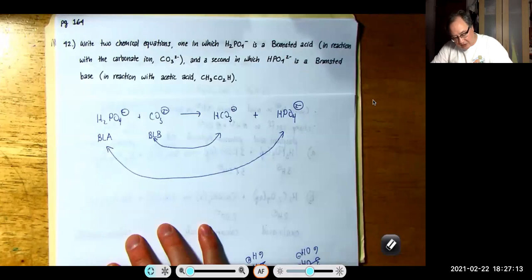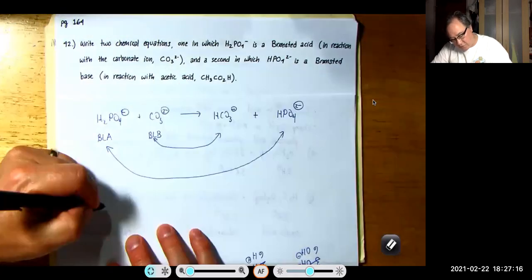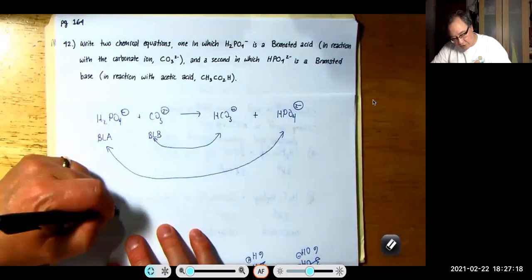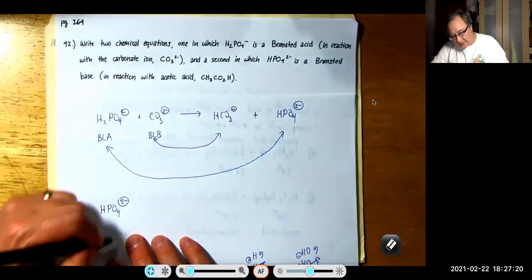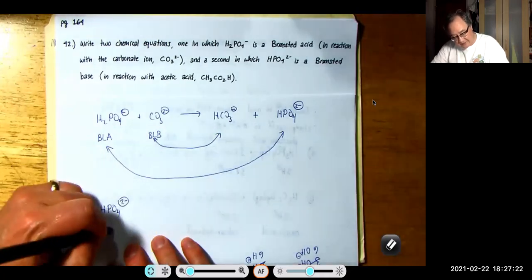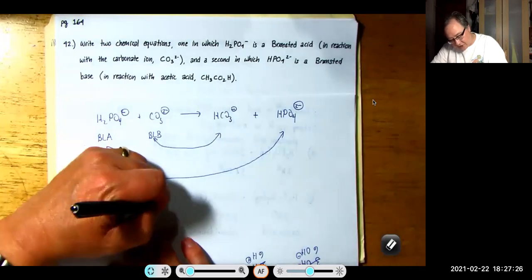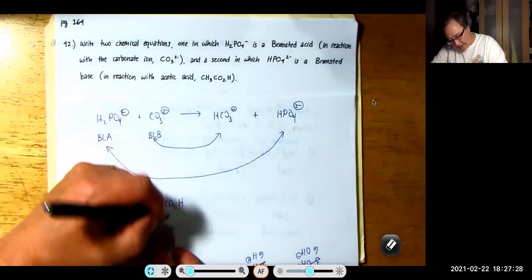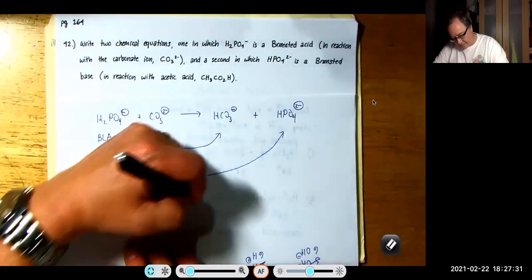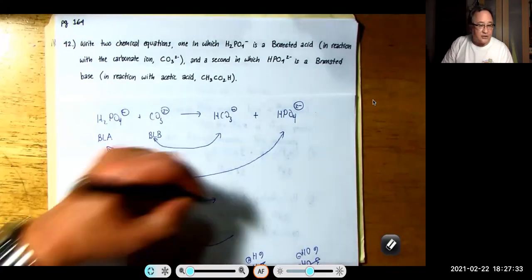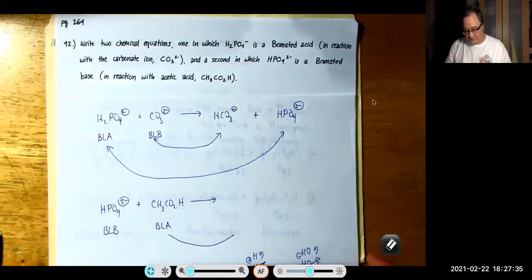So the second reaction, we're looking at HPO4 2-, and that's our Bronsted-Lowry base. And it's reacting with CH3CO2H, and this is our Bronsted-Lowry acid. So what does our acid turn into? Well, it's going to give up an H, turns out to be that one.